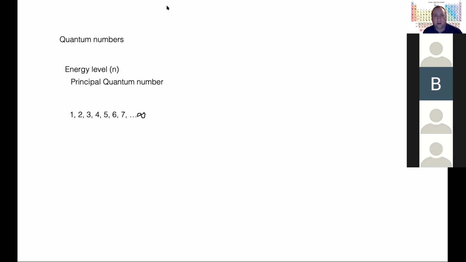The second tier of our cake here is the idea of sublevel. That's given by the quantum number l, which is known more precisely as the angular momentum quantum number.